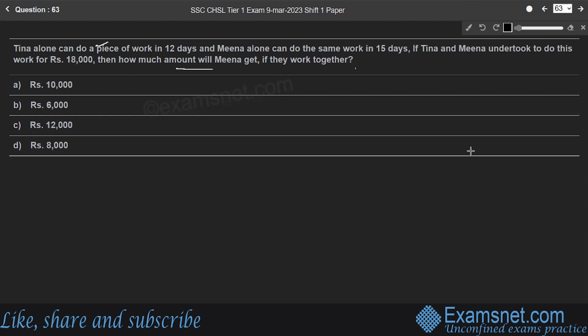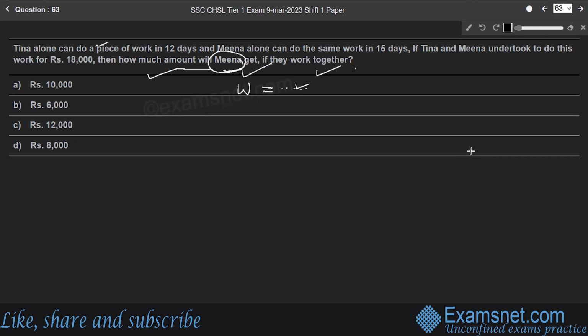Here, students, first we need to find the total amount of work. If we consider W units as the total amount of work, then we need to find the efficiency of Tina and Meena. To complete W amount of work, what is the share of work of Meena if Tina and Meena start working together?